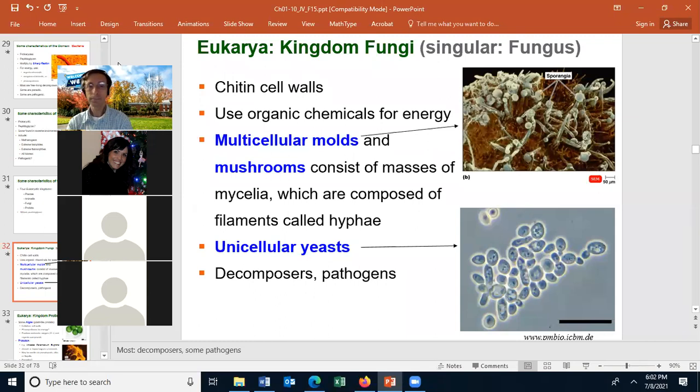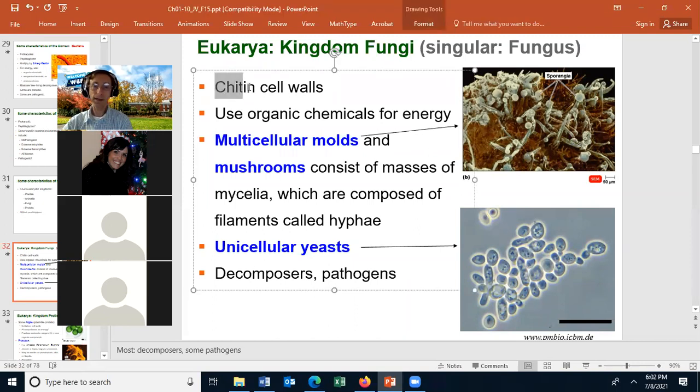peptidoglycan. When we look at the fungi, I'm pretty sure I'm not going to ask you that you can find chitin in their cell wall. The fungi use an organic chemical for their energy needs, meaning they break down something and then use that organic chemical for its energy needs.